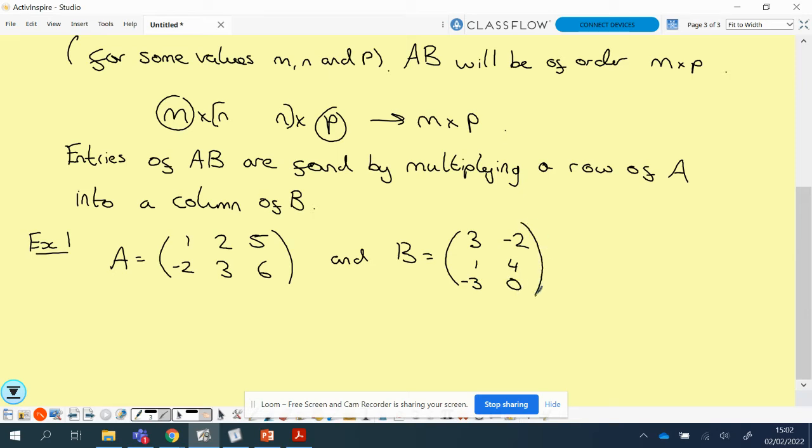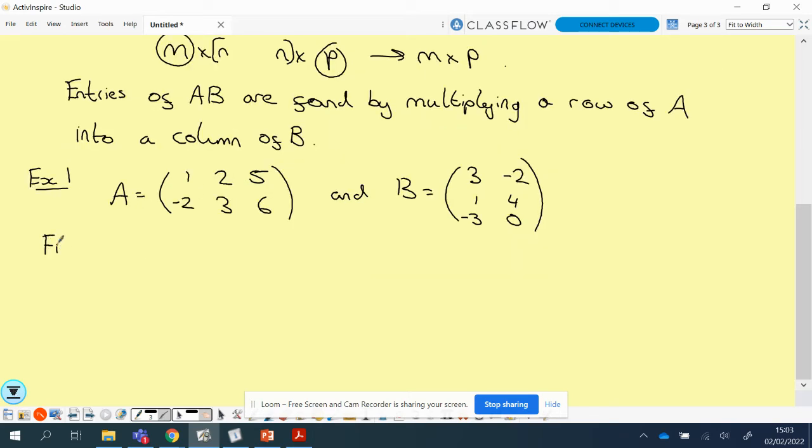Our first question is going to be: find the matrix AB.